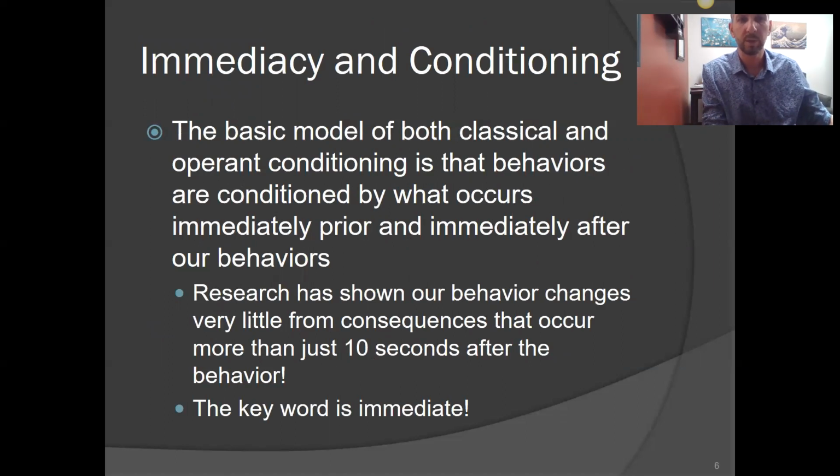So the basic model across classical and operant conditioning is that behaviors are conditioned by what occurs immediately prior to and immediately after our behaviors, right? So you have stimulus, response, consequence. Again, just iron that into your brain. Stimulus, response, consequence. Stimulus-response has to do with classical conditioning, and response-consequence has to do with operant conditioning predominantly.